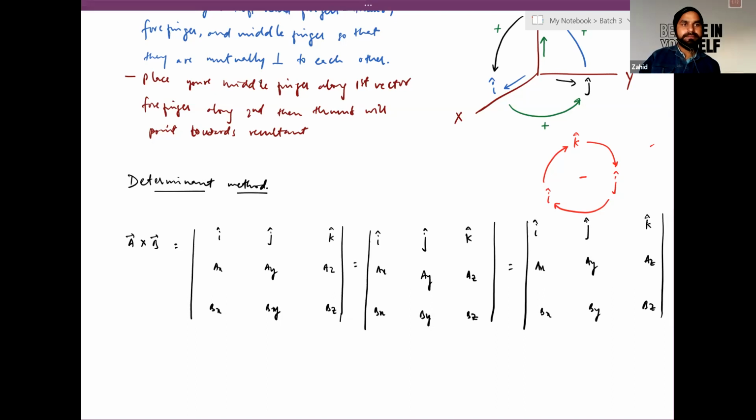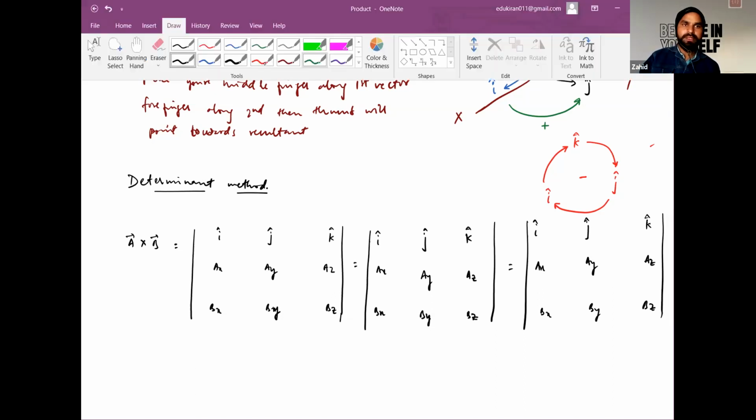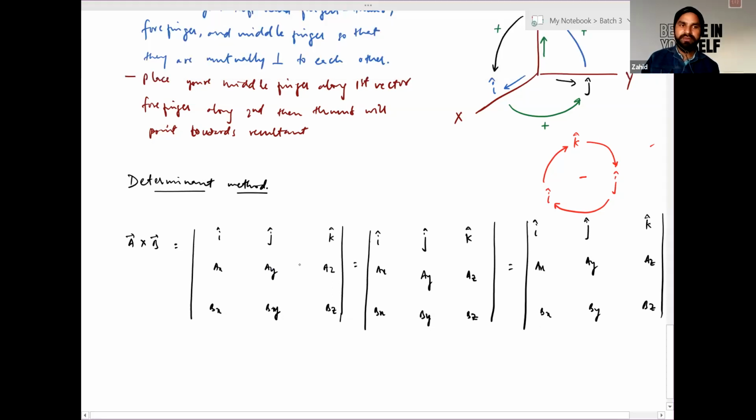Now, a horizontal line defines rows and a vertical line defines columns. The position of the first I is first row and first column, so the position is 1,1. 1 plus 1 is 2, which is even, so we put positive.